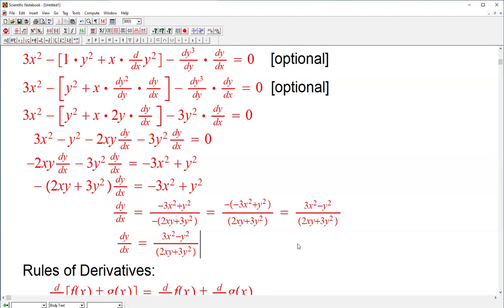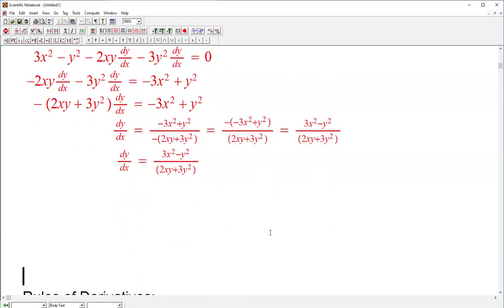This one is, of course, from homework, number 12. So we have cosine of x times y equals to 1 plus sine of y.